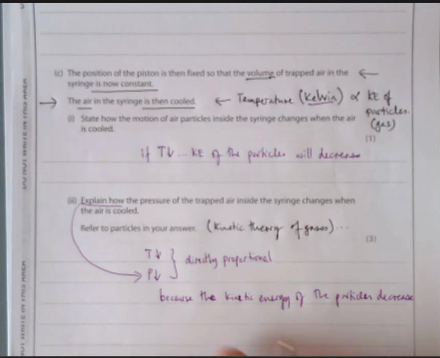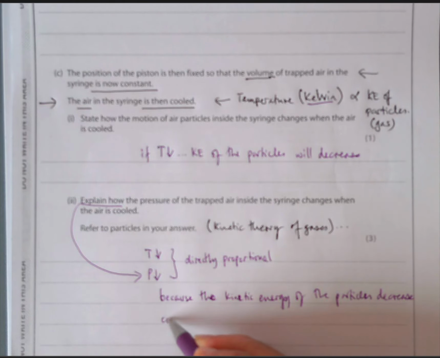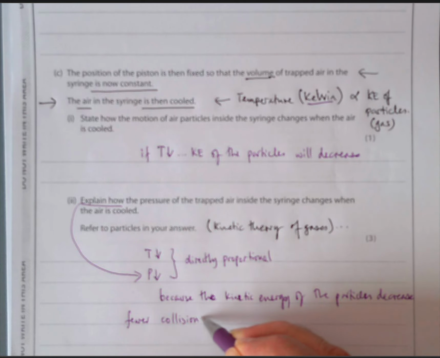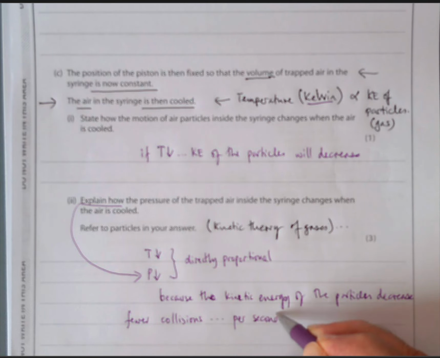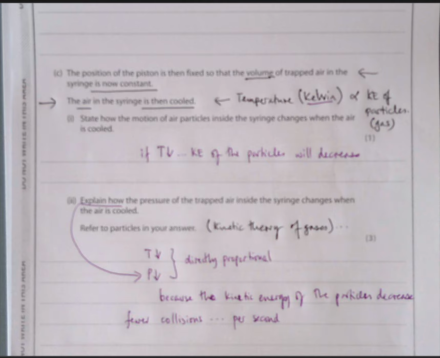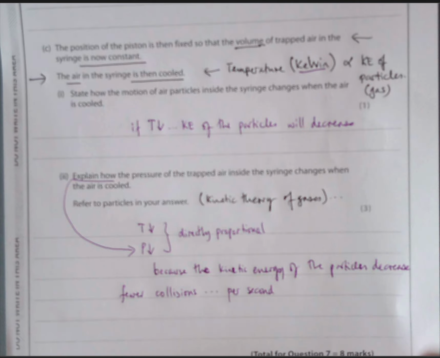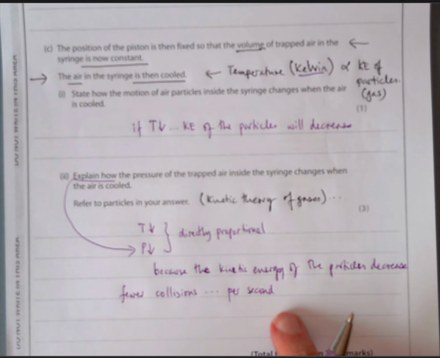And if the kinetic energy of the particles decreases, there'll be fewer collisions, for example, with the walls of the container per second. So they'll collide less frequently. So the frequency of collisions decreases. If you can get that point across, then you will get all the points.